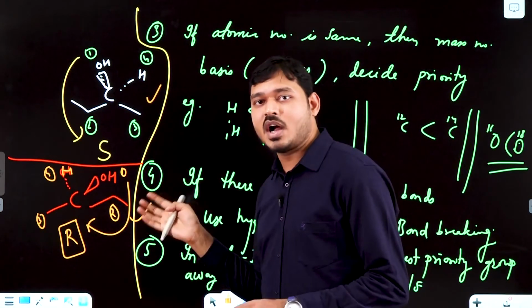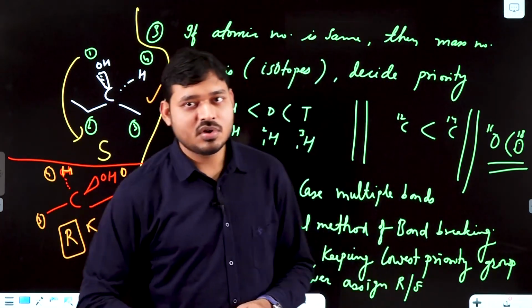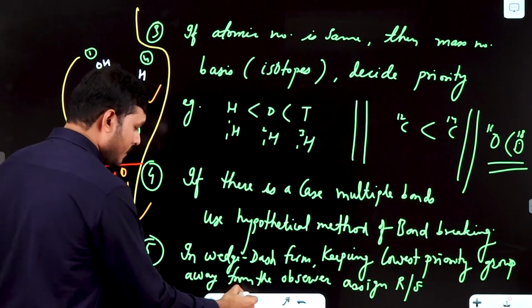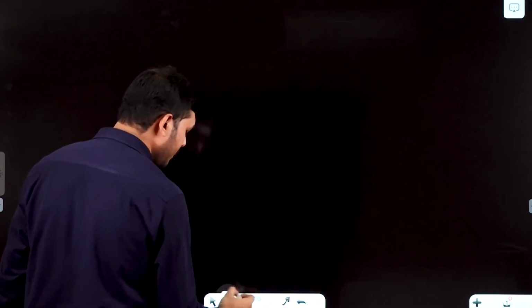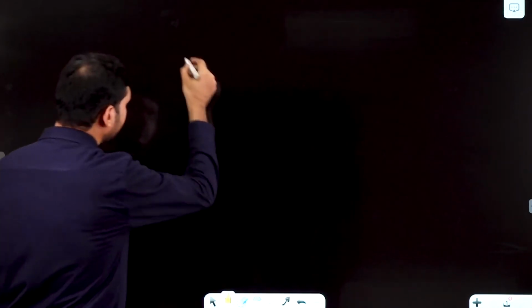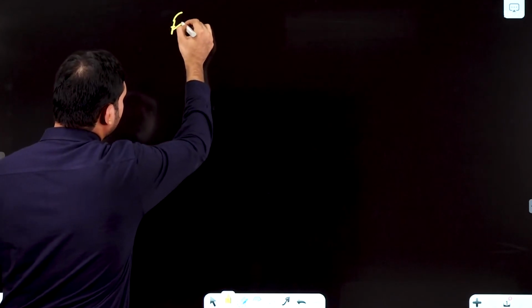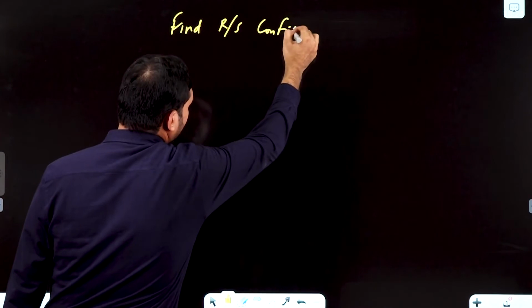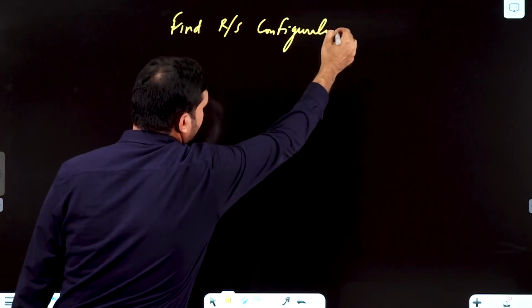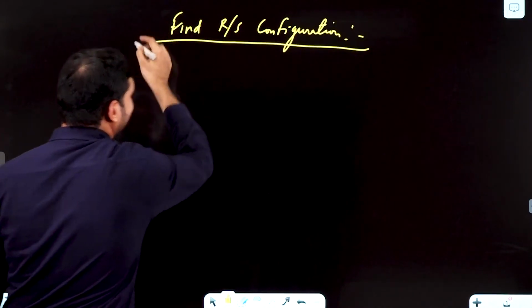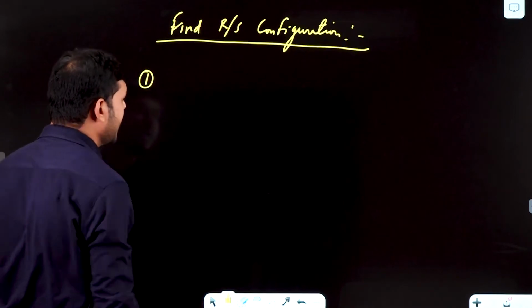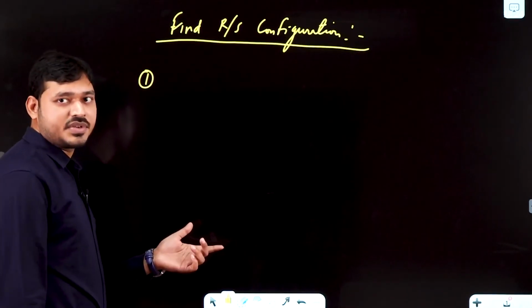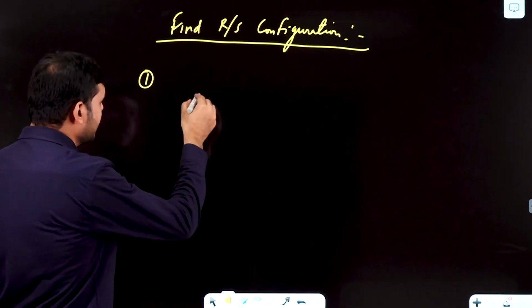Now let's see how to check in Fischer projection. Find RS configuration. I am giving you a few simple examples of wedge dash configuration and you have to find out RS.